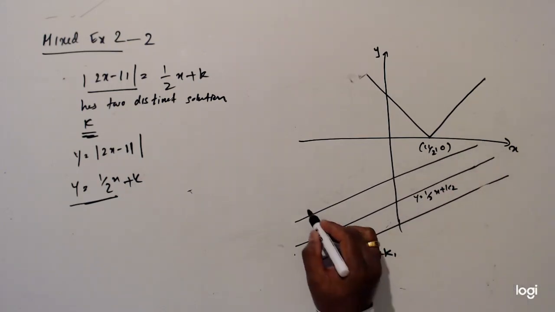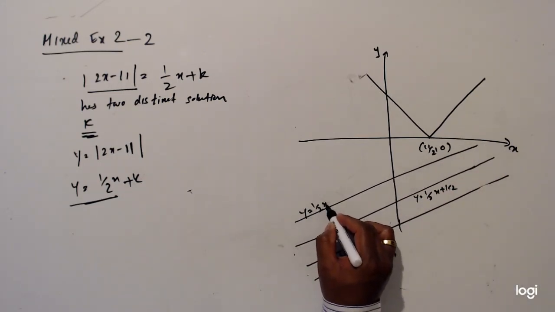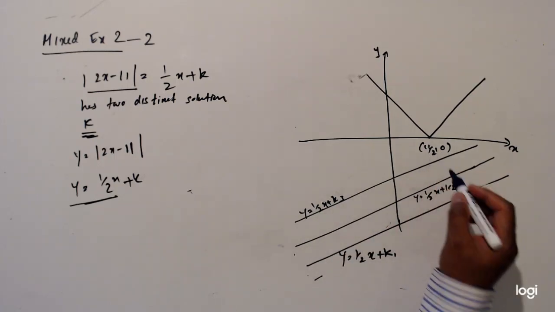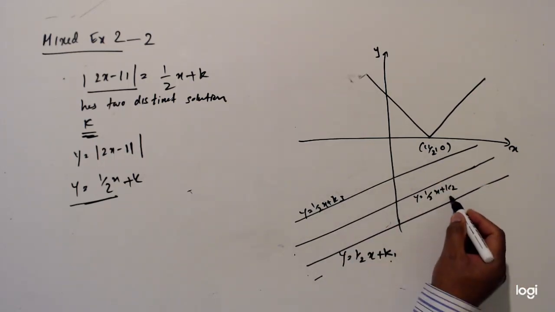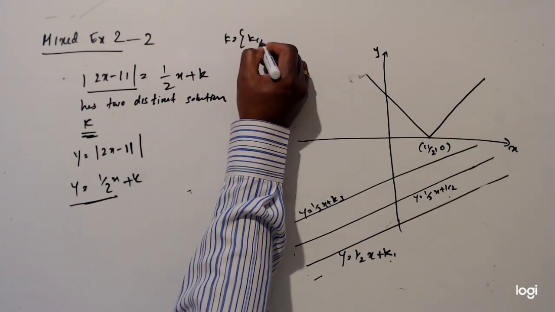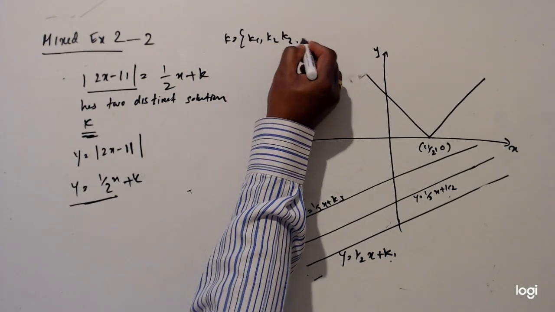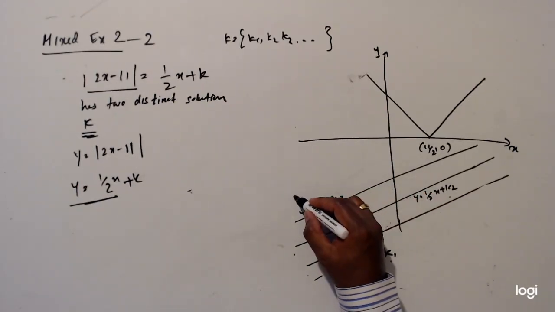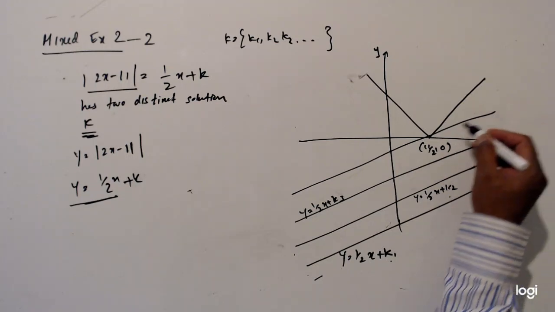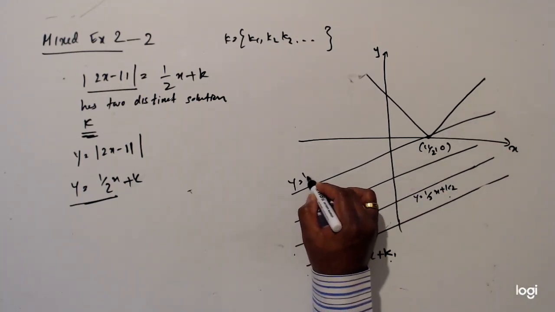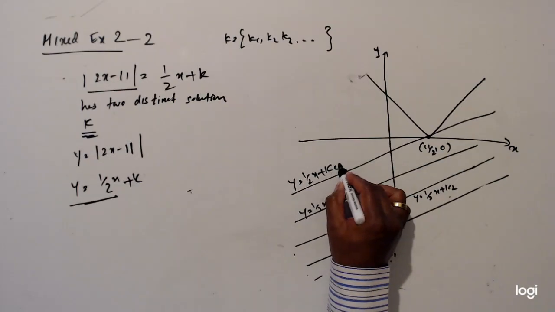Another one, y equals half x plus k3. K1, k2, k3 are the values of k. And this is another one, it's going to this point, y equals half x plus k4.